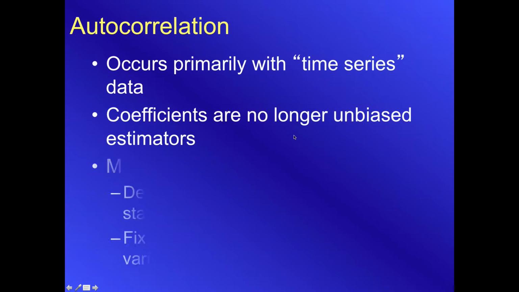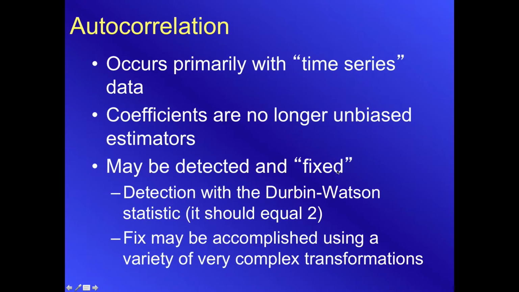And there is a way to detect this, and there are methods for fixing it. We will not look at either one. I'll just mention that there's a statistic called the Durbin-Watson statistic, which should equal 2.